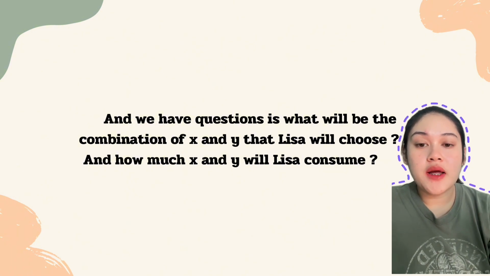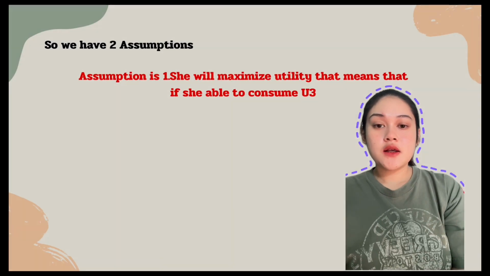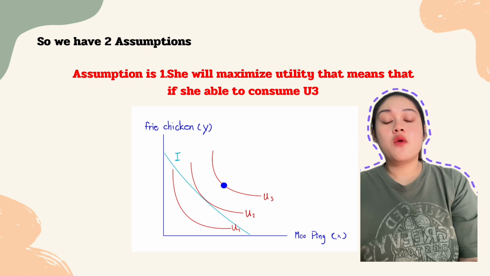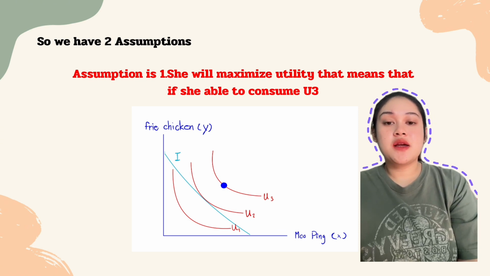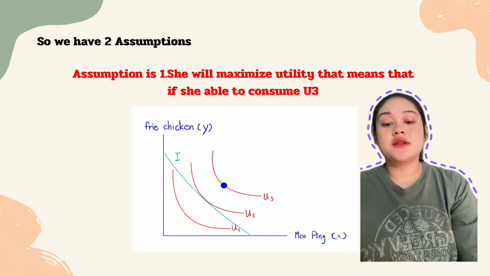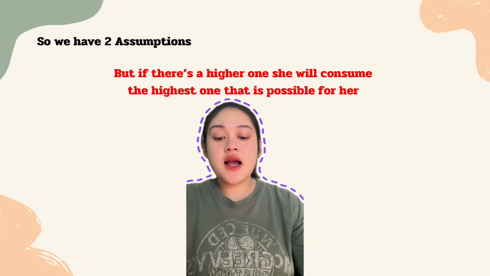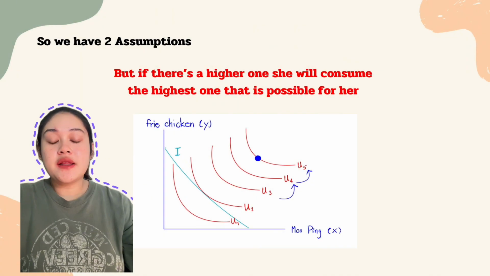And how much X and Y will Lisa consume? So we have assumptions. Assumption 1: she will maximize utility. That means that if she is able to consume U1, but if there is a higher one, she will consume the highest one that is possible for her.